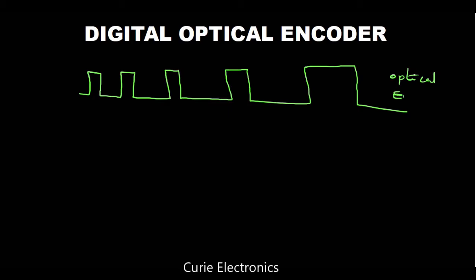This pulse duration may vary depending on the type of encoder. That is, it can be an absolute encoder or incremental encoder, that we will come across.